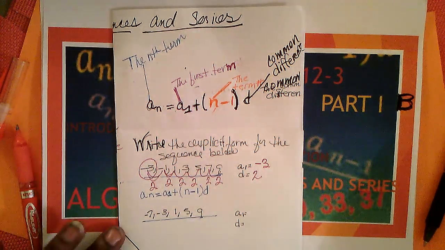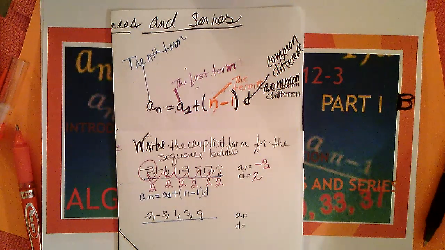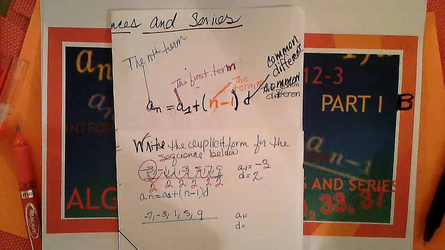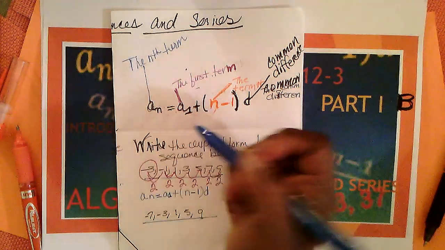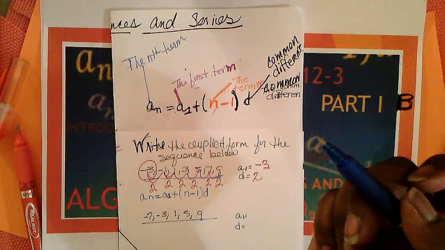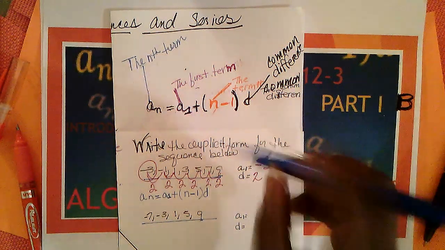All right, so what does that look like now? So looking at our example that started with -3, we said a_1 is our first number. So that's this number right here.